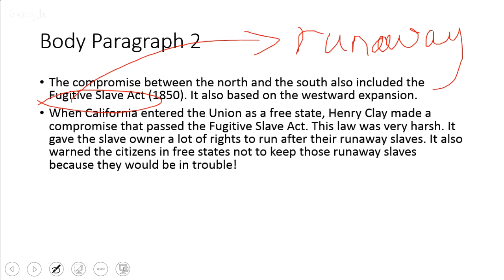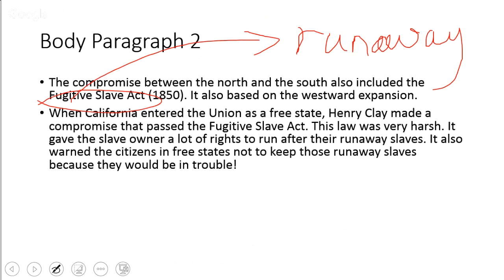Fugitive, run away. When California entered the Union as a free state, Henry Clay made a compromise that passed the Fugitive Slave Act. This law was very harsh.